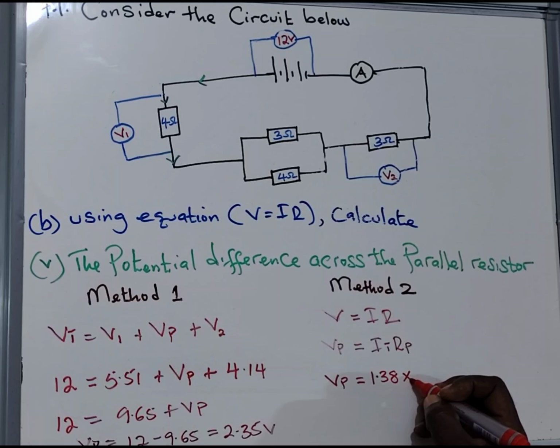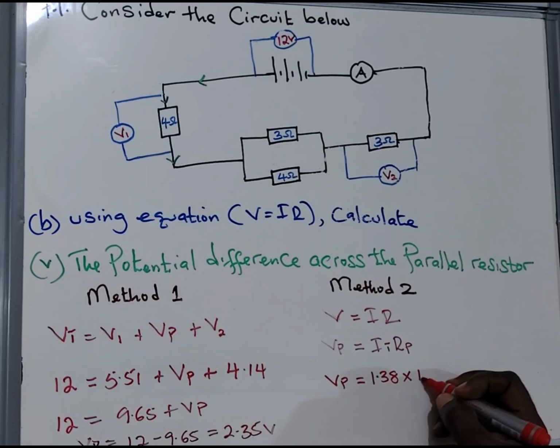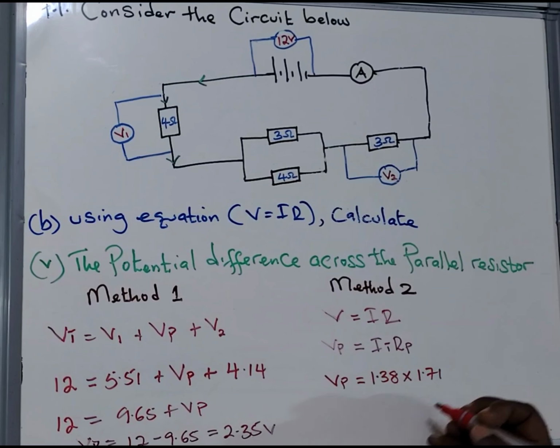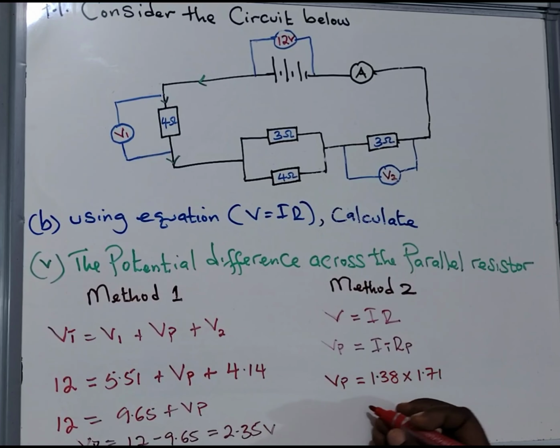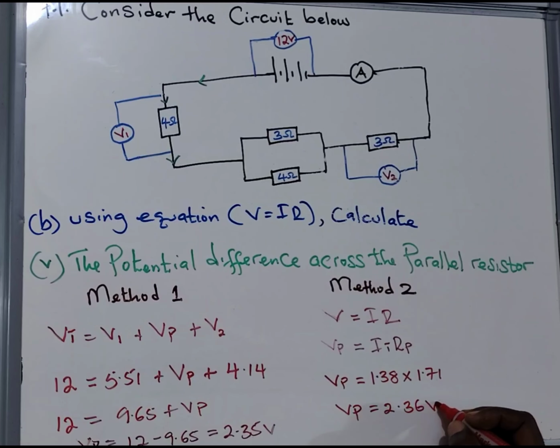Then RP, we found it as 1.71. This gives us VP as 2.36 volts.